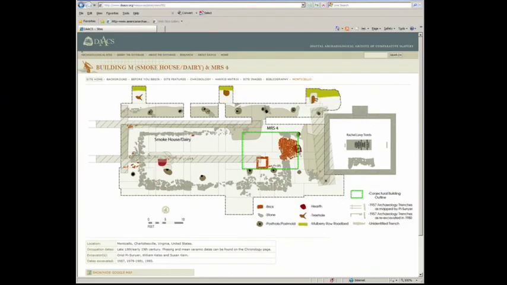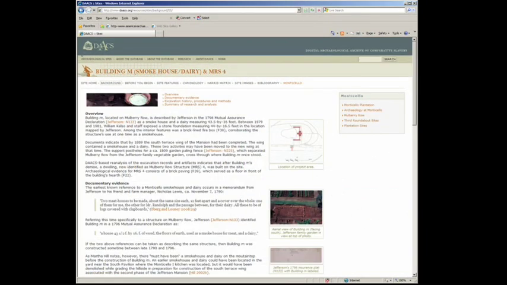For each site, the database itself contains archaeological site plans like this one, for example, of Building M on Mulberry Row. There's also a discursive write-up provided usually by the principal investigators of the site, detailing what we know about it from documents and some historical background.